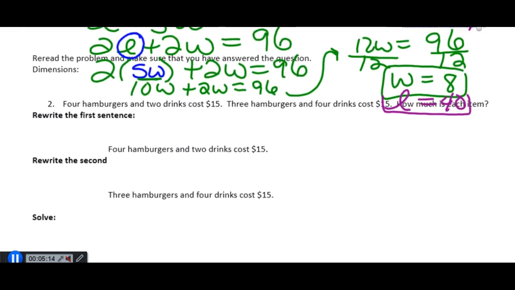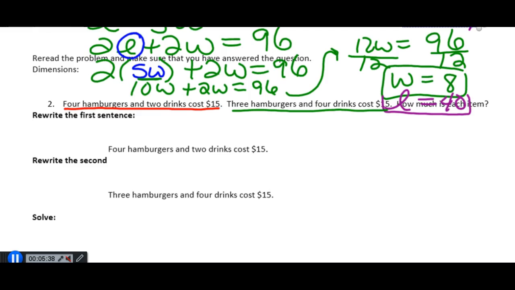Second problem. It says 4 hamburgers and 2 drinks cost $15. And then 3 hamburgers and 4 drinks cost $15. And I need to determine how much each item would cost.